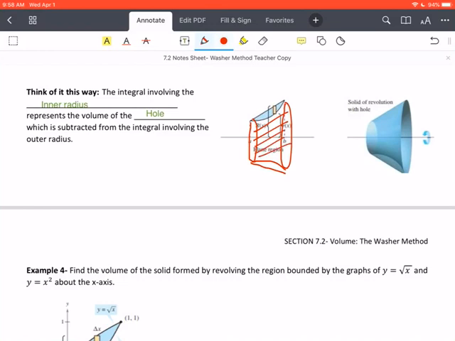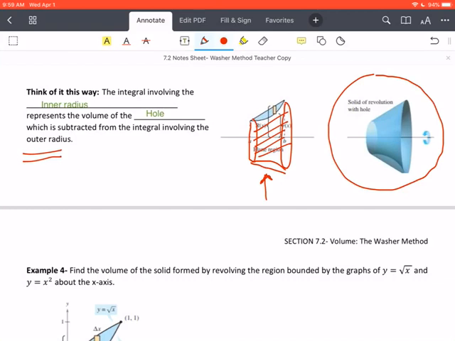Then we subtract that from the integral that involves the outer radius, which would be like what we did yesterday. If you look at this picture right here and pretend there is no hole and it's filled in with some sort of material, we're going to take that volume, subtract what we did here with the inner radius, and that is going to give us the volume of what remains of the solid with the hole.